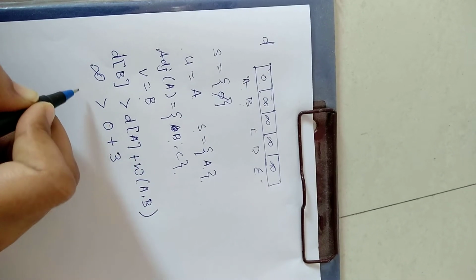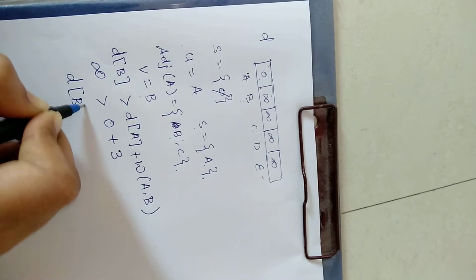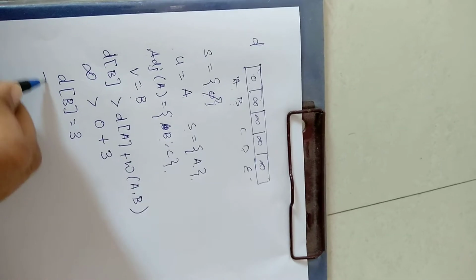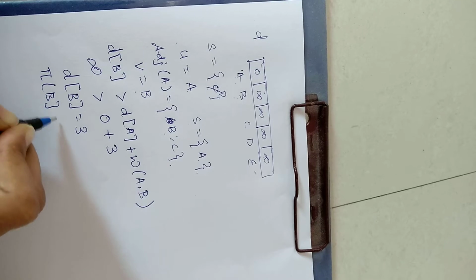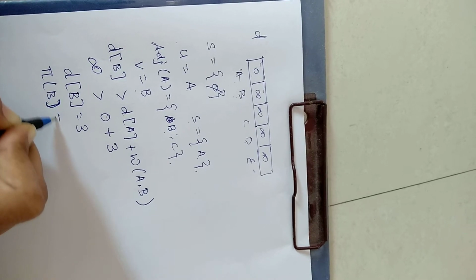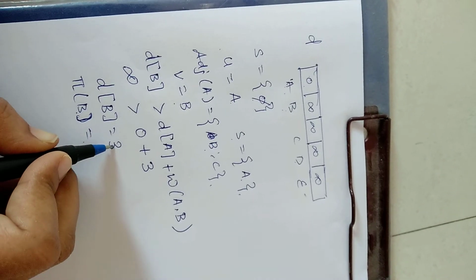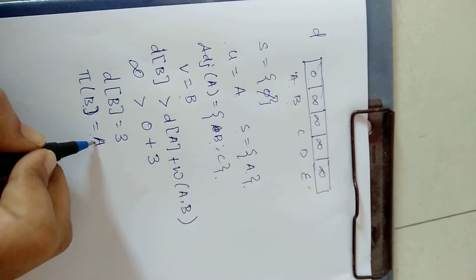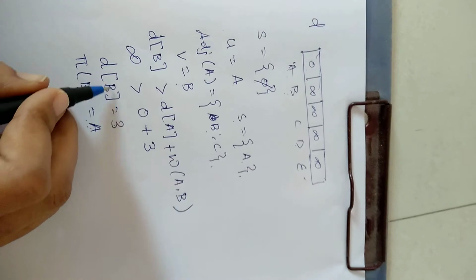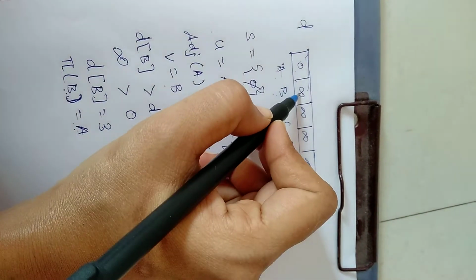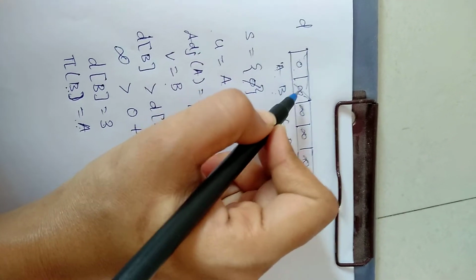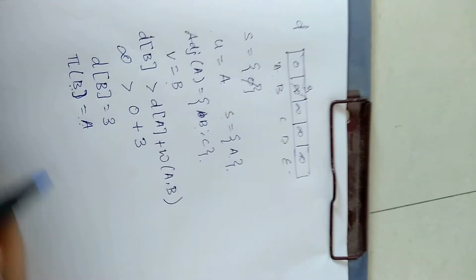So this is true, then we are modifying the distance of B to 3 and we are setting the parent of B as A. It means that B is reachable with a minimum distance of 3 from A. Therefore, A is the parent of B. So as per this modification, we'll change this D array and modify the infinity value to 3.